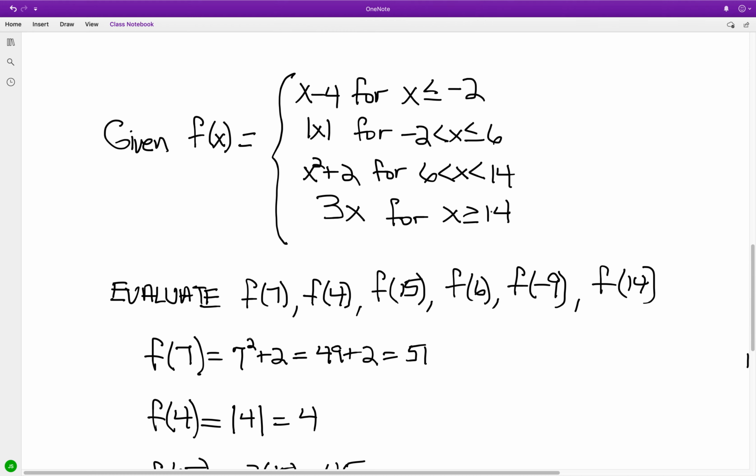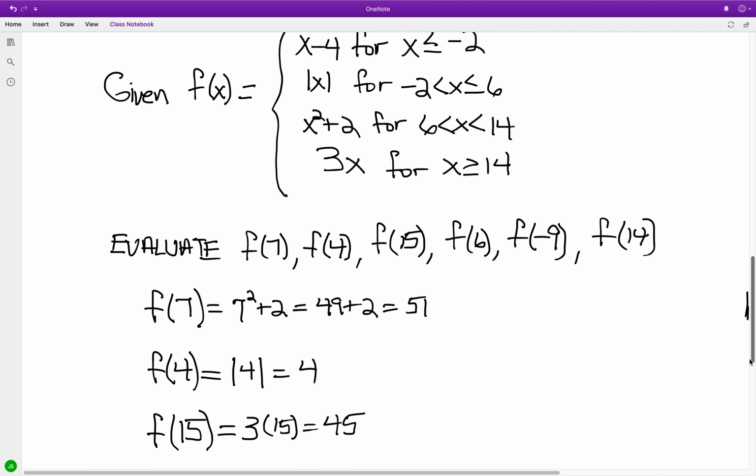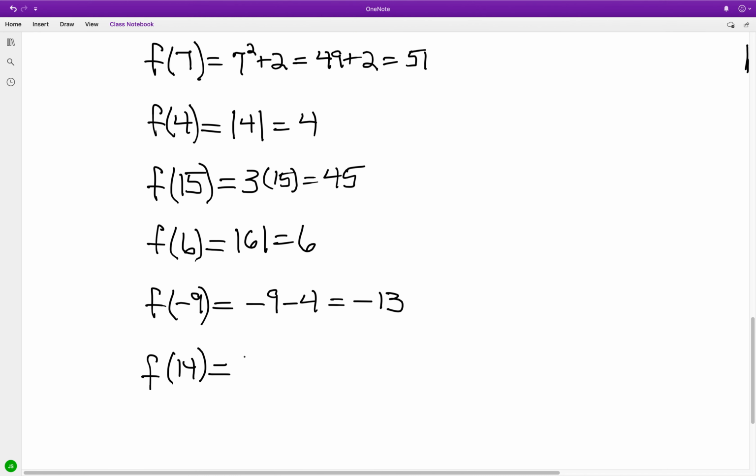So the last statement is going to be true whenever 14 is applied. And in terms of what to do with 14, we have multiplication by 3. So for f of 14, this will be 3 times 14, and so the y value whenever x is at 14 comes out to 42.